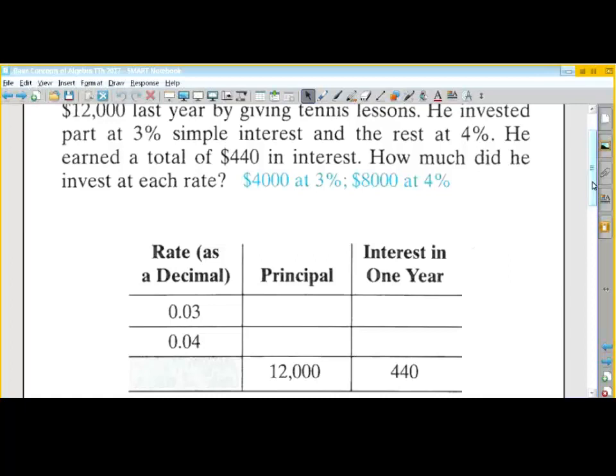So instead of percent solutions, we have percent interest. Instead of liters of solution, we have principal, and instead of liters of the acid, we have that. So it's a similar type of table.